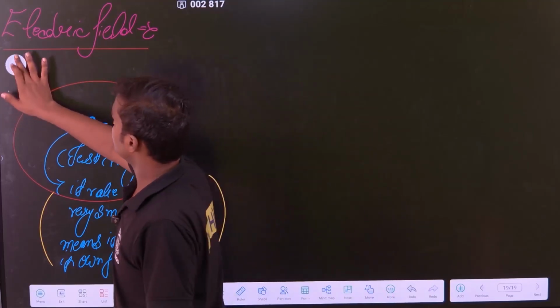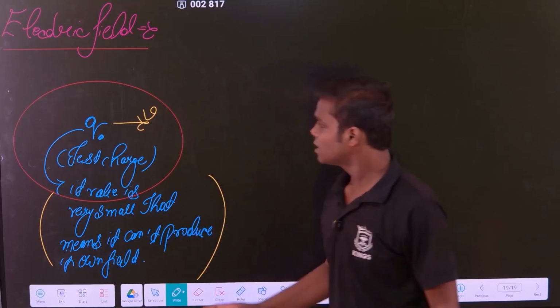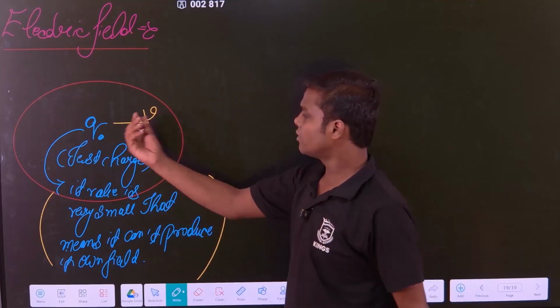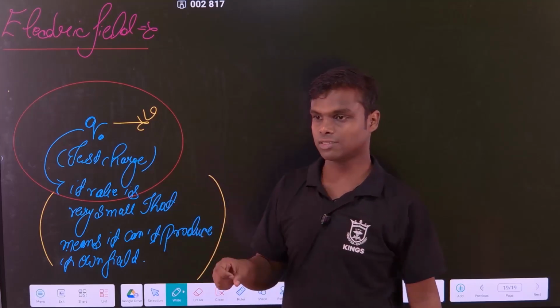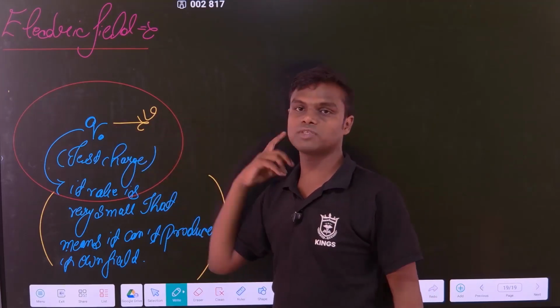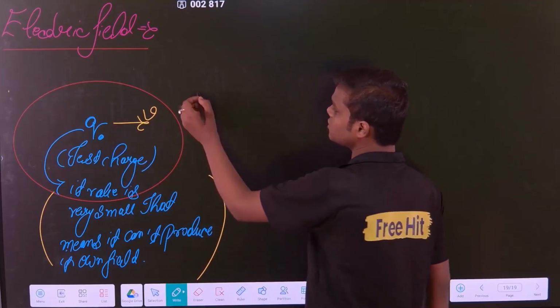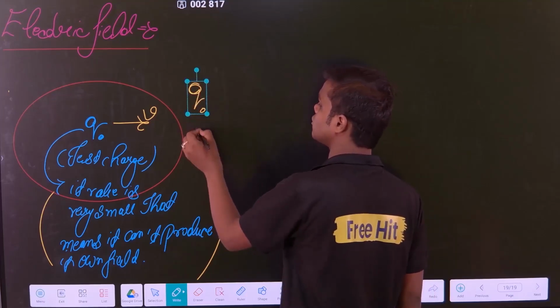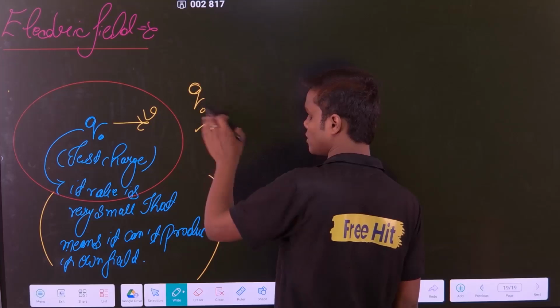Whenever they placed a charge Q0 in that region, it moved with a velocity v. And when they placed it in this other region, they found that it is at rest. There is no motion.